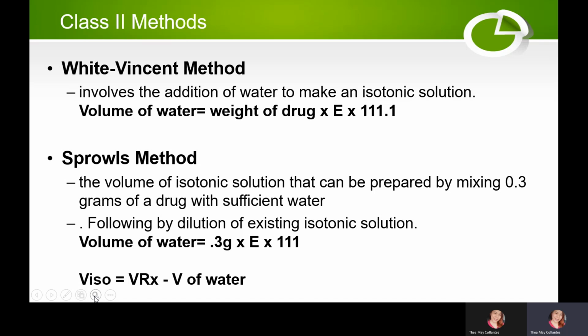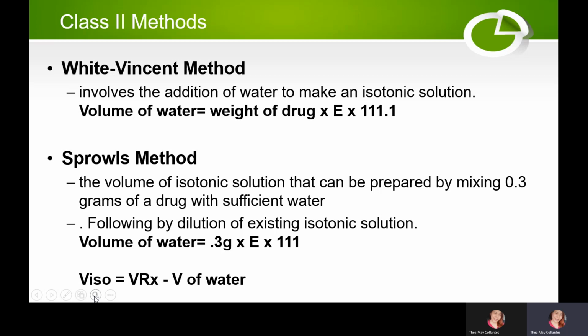At the same time, if you want to make 50 ml, for example, you combine the pure water and your drug together, and say you got 10 ml, then you will just add another 40 ml of your isotonic solution to reach the volume of isotonic solution.